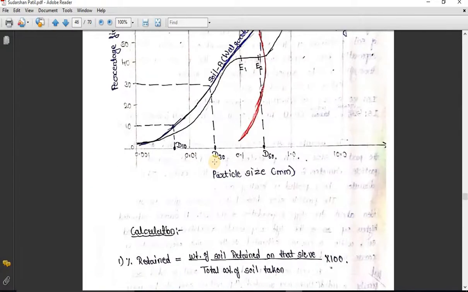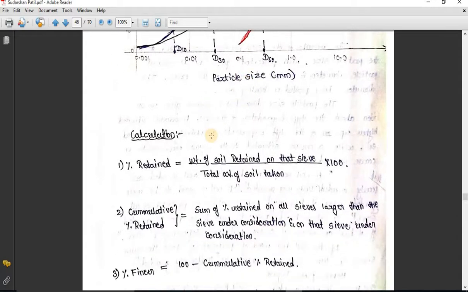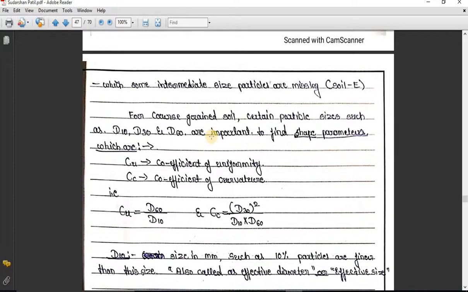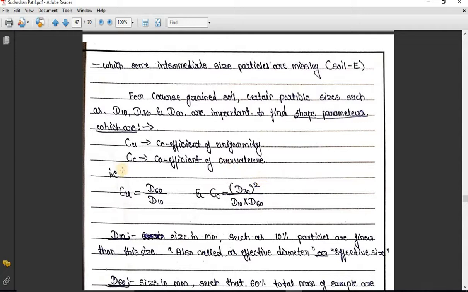You can observe one thing over here. I have marked D10, D30, D60 over here. So what are these D10, D30, D60? These D10, D30, D60 are used in classification of soil. Not only can we grade the soil, but we can classify the soil also by using this sieve analysis.